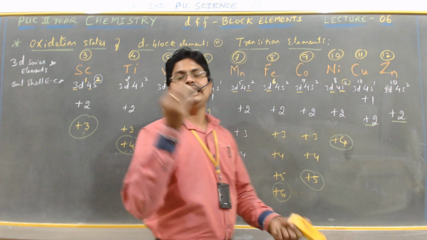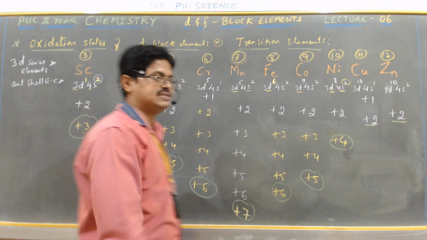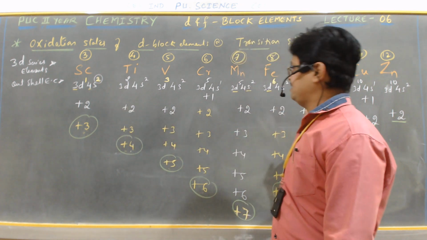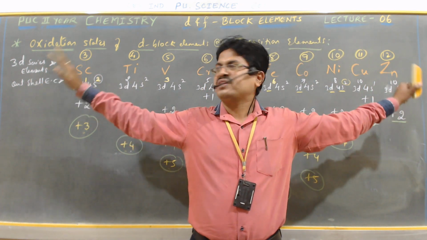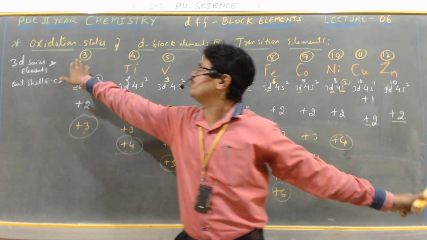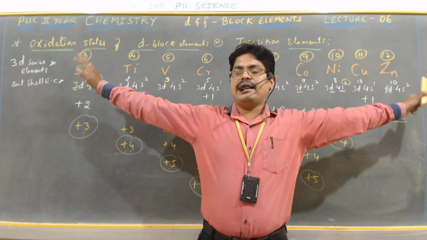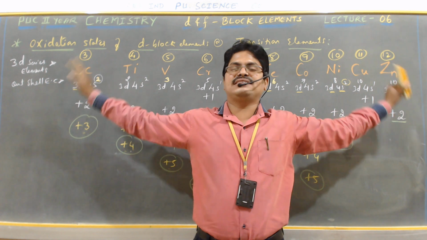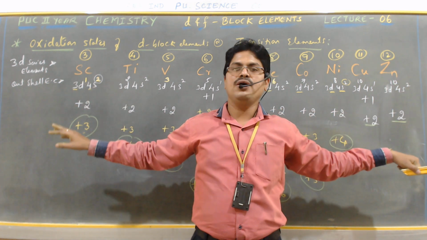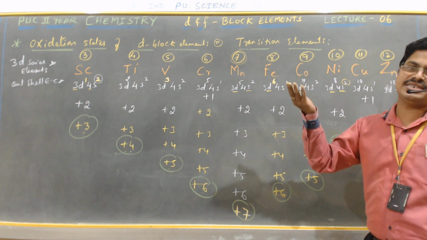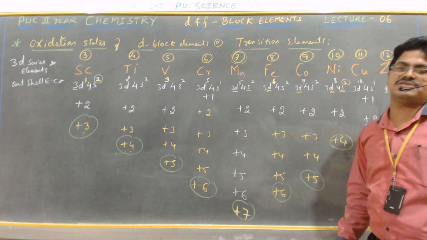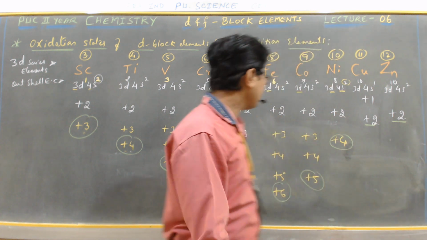In the case of 3d series elements, at the two extreme ends, meaning group 3 and group 12, they exhibit lower oxidation states, whereas in the middle of the series they exhibit higher oxidation states.